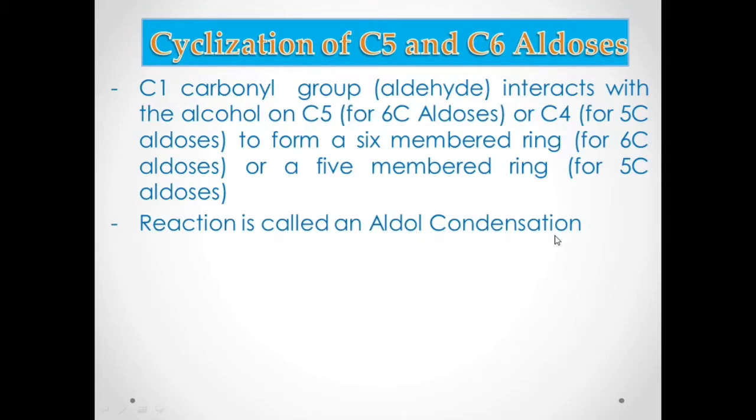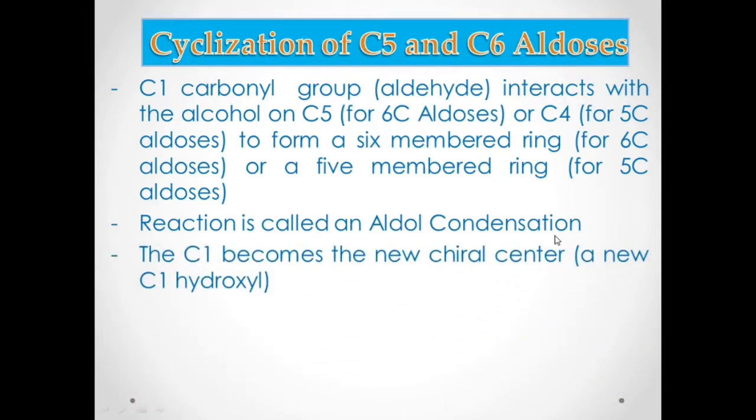A typical aldol condensation is a reaction between carbonyl compounds and an alcohol to form a beta hydroxyketone or a beta hydroxyaldehyde. But for this reaction, it's the formation of a ring because it's a self reaction.